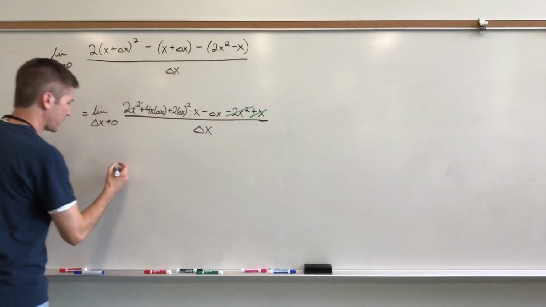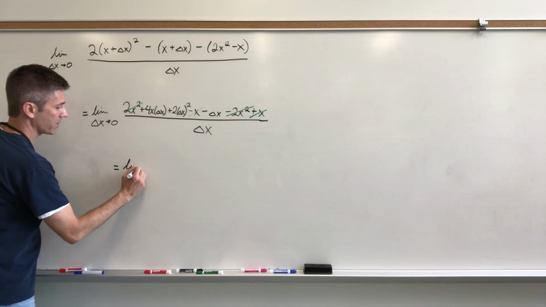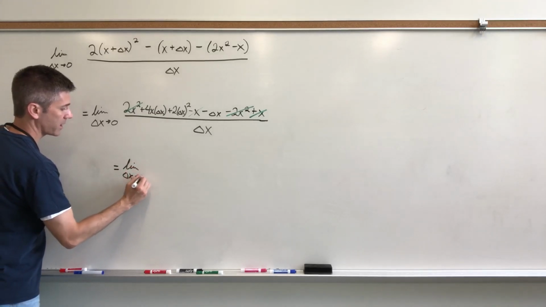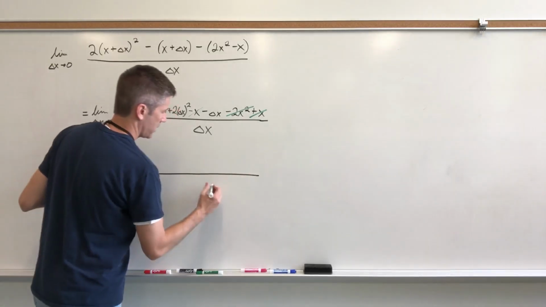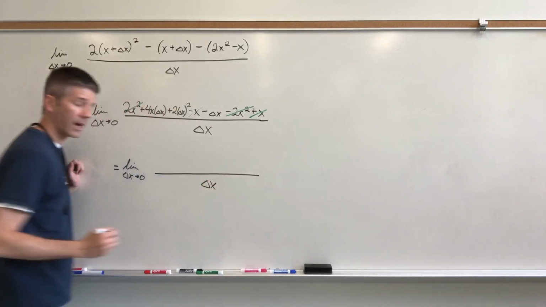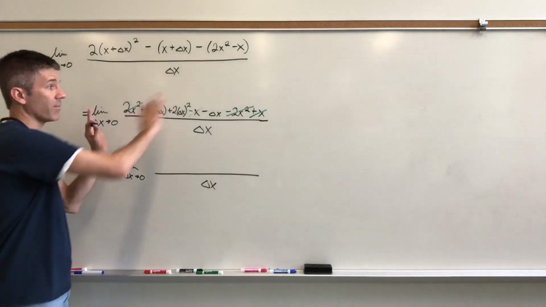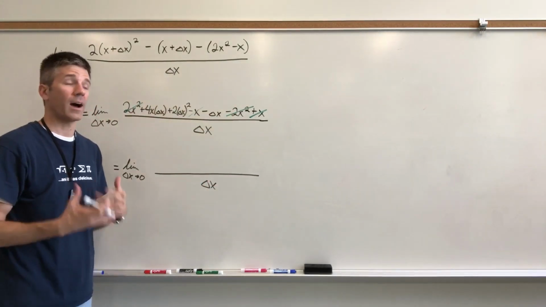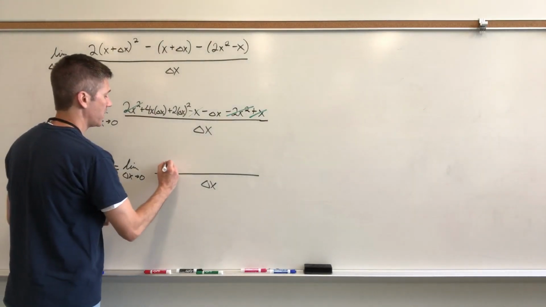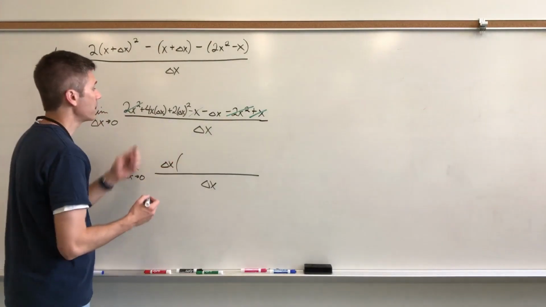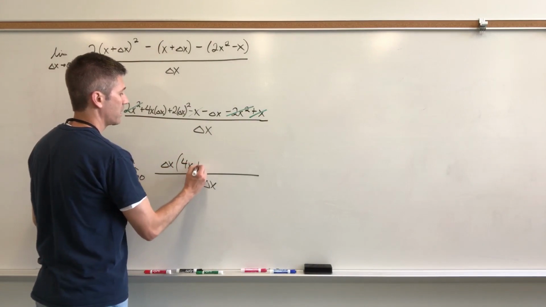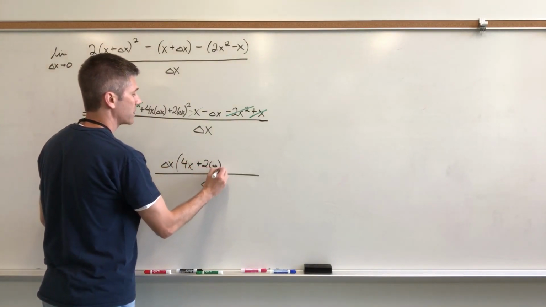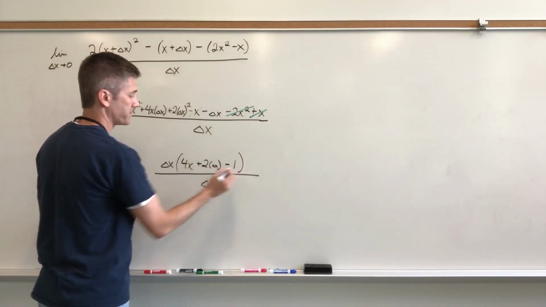Let's keep simplifying. I have the limit as delta x approaches 0. And after years of teaching it, I have found this to be the best explanation. Of all the things that are left in the numerator, they all have a greatest common factor of delta x. So let's divide that out. So I would have delta x times (4x plus 2 delta x minus 1). Okay?